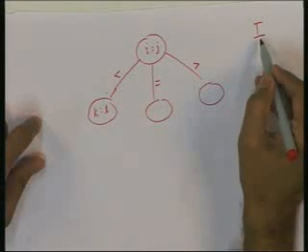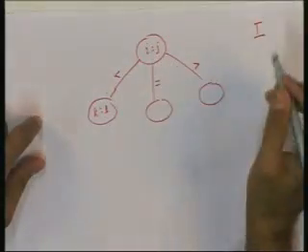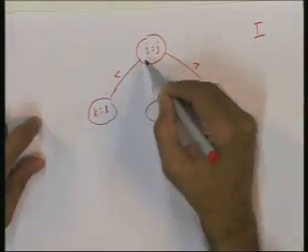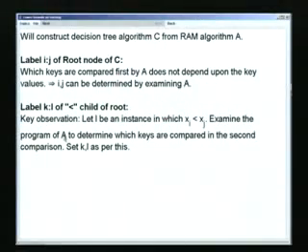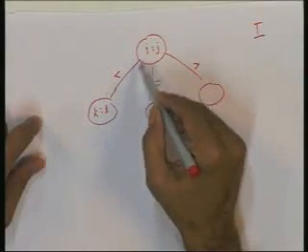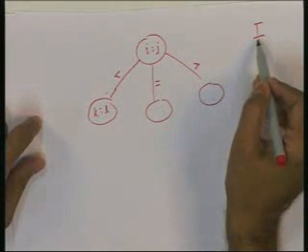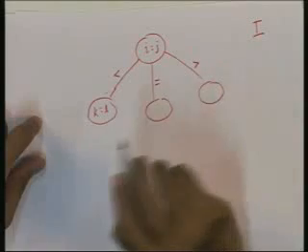So in instance I, the first two comparisons in the decision tree are the same as they are in our algorithm A. So far so good. So far we have built this part of our tree, and indeed in this tree the comparisons made on this instance are the same as the comparisons made on the instance in our RAM model also.